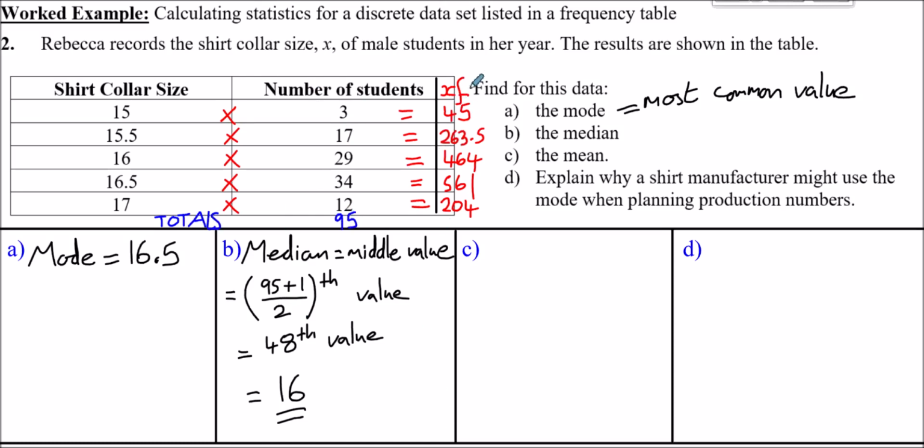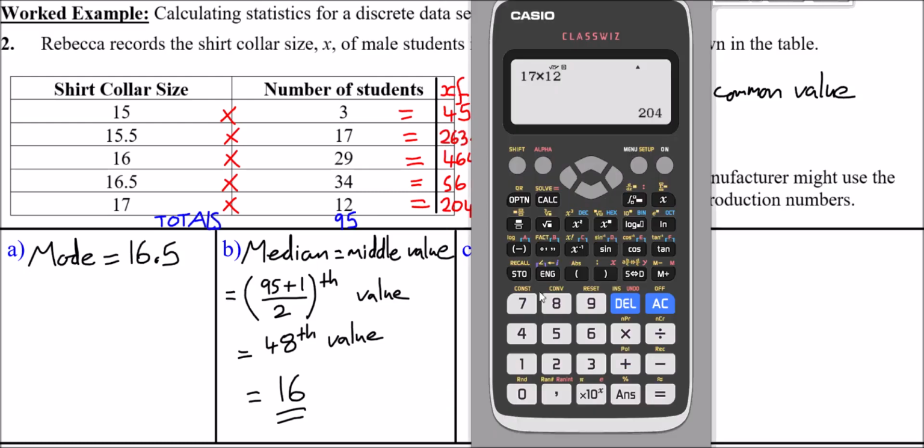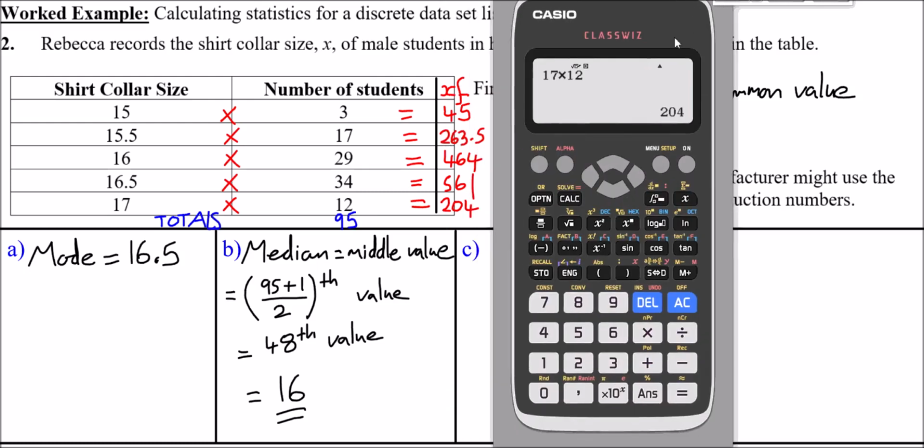And if you add all these values up for the xf, we've got 204, plus 561, plus 464, plus 263.5, plus 45, that should give us 1537.5.